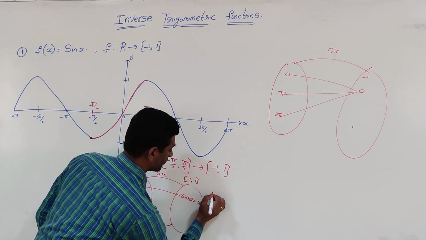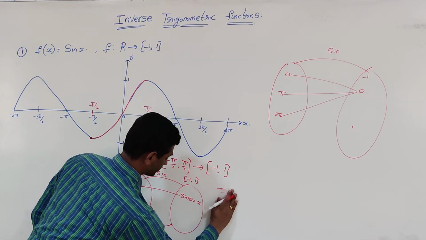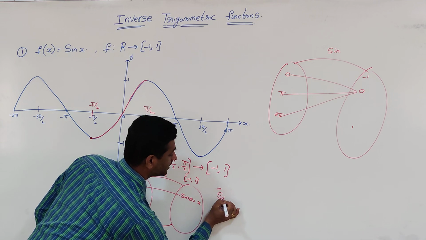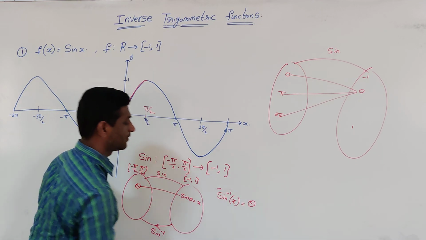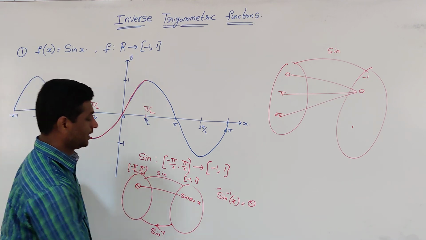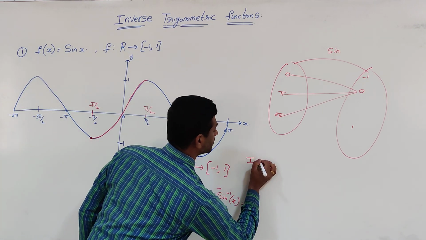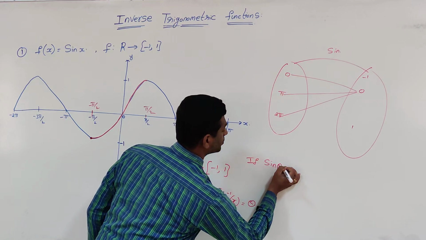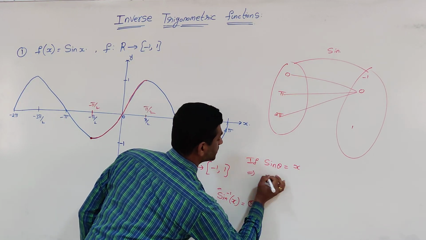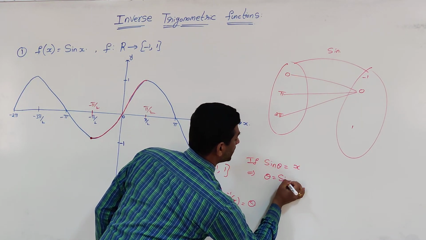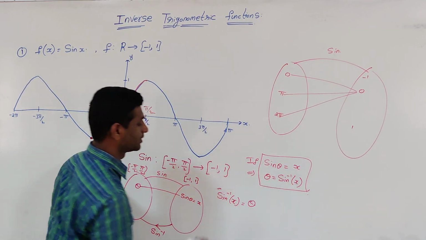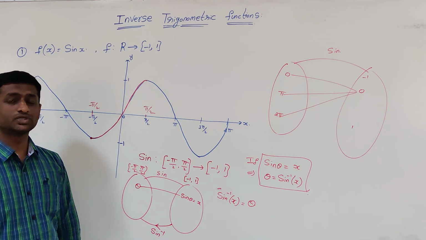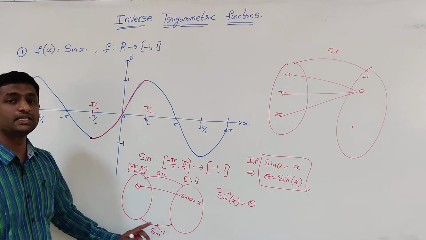Means sin inverse of x is equal to theta. Means if sin theta is equal to x, implies theta is equal to sin inverse of x. So this is an inverse function and it is denoted by sin inverse.